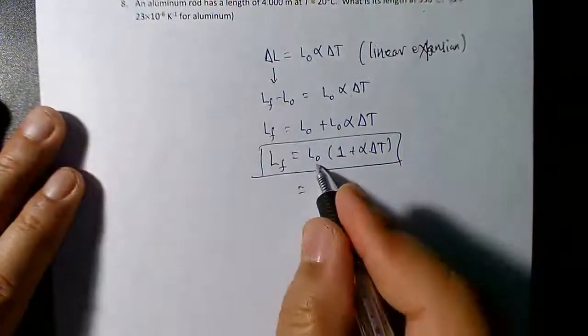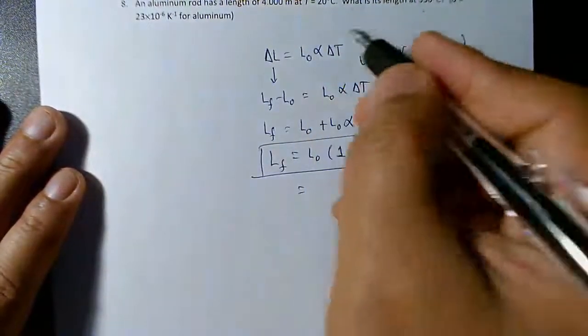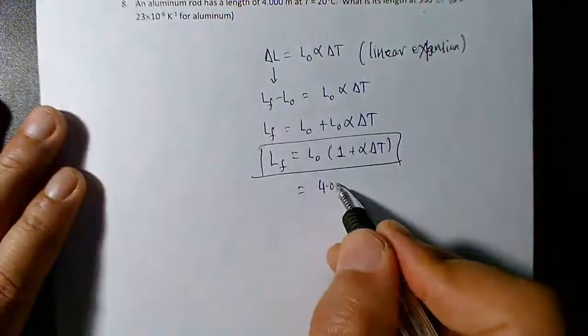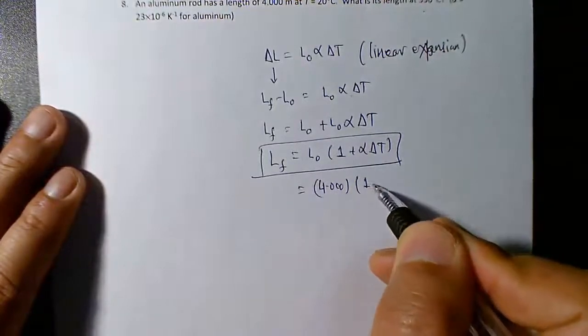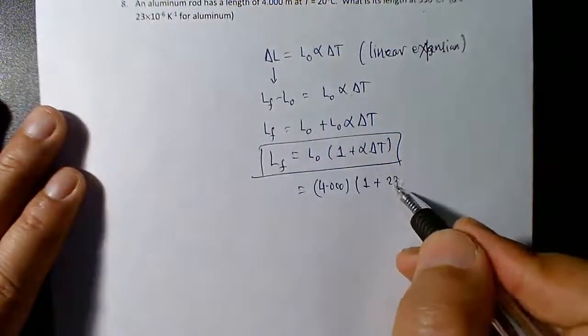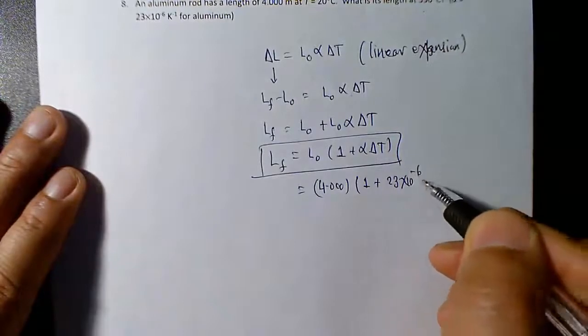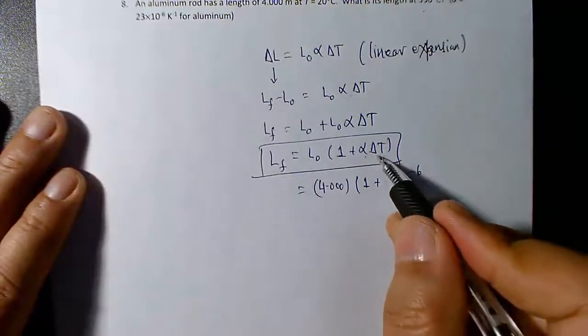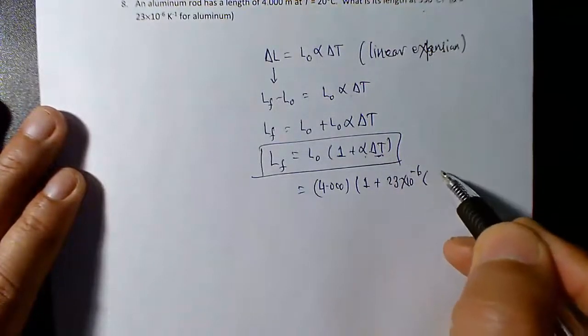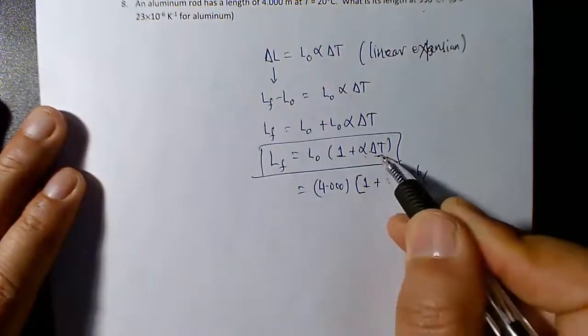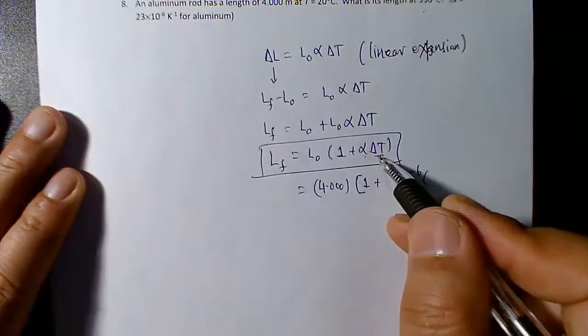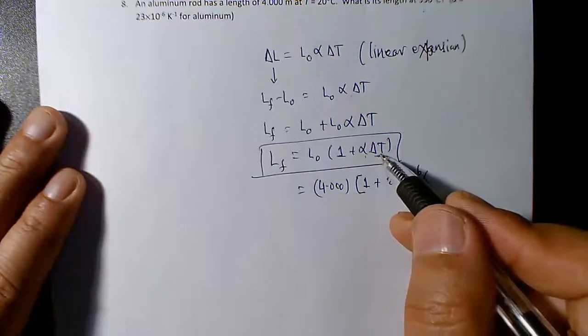And that's it. So L naught is the initial length, which is 4 meter, exactly 4 meter, right? And 1 plus alpha, which is 23 times 10 to the power negative 6, times the change in temperature. This alpha goes with delta T. So delta T is the change in temperature. Again, whenever you do delta T, you don't need to convert into Kelvin.